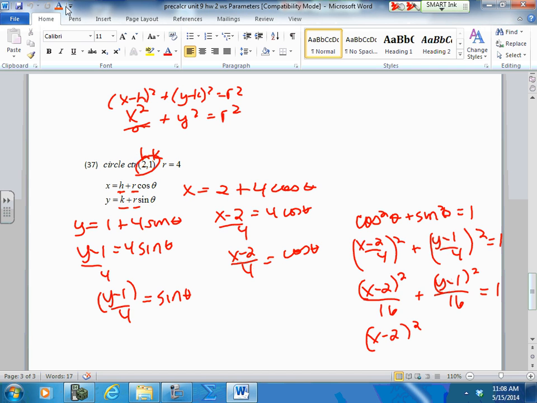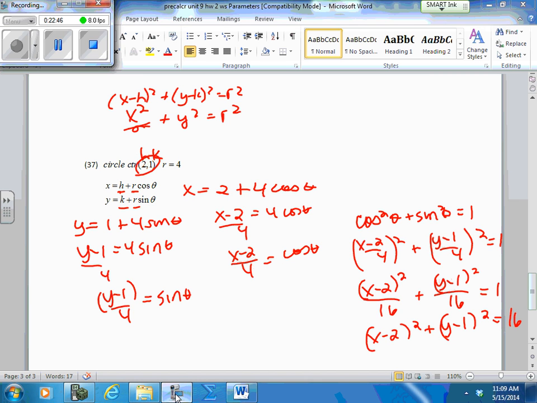Here's the equation of your circle. We just want to make it look like the r squared formula. You can probably leave it as an ellipse, it's not wrong, but if we want the circle formula, then get rid of the denominator. Okay? Questions? All right.